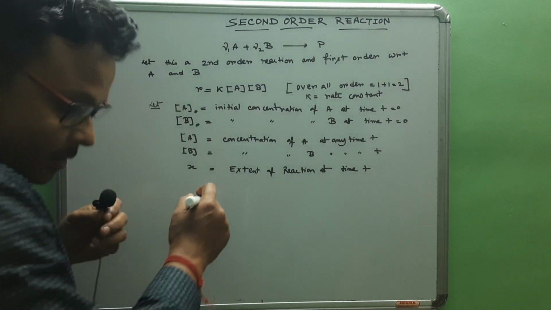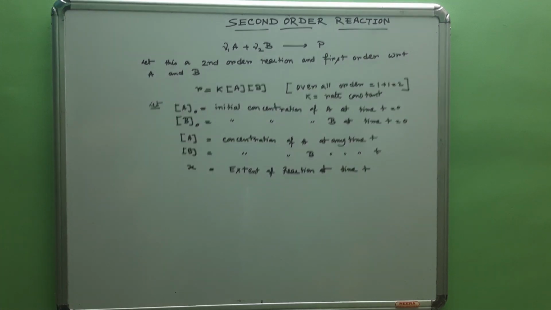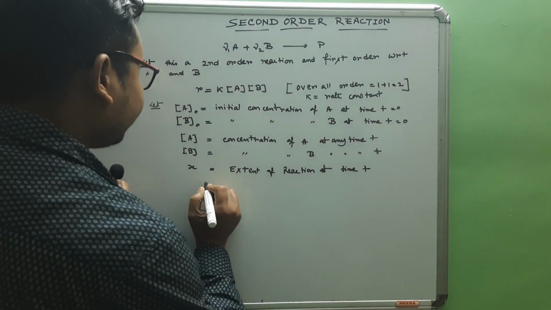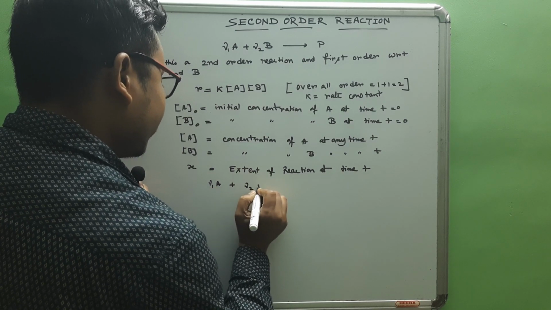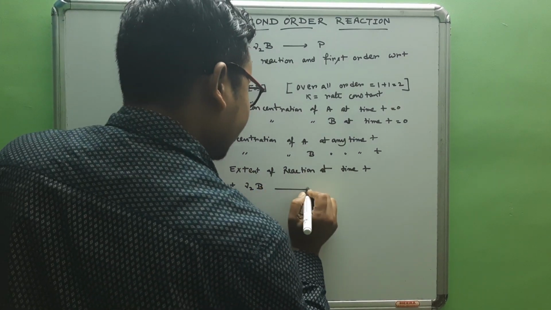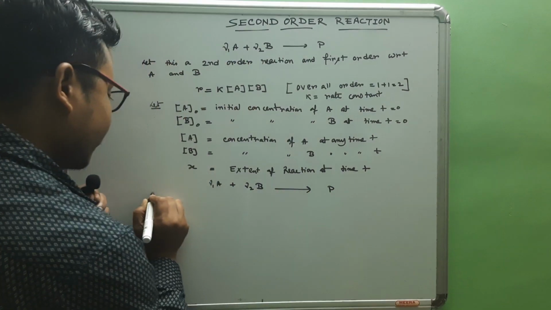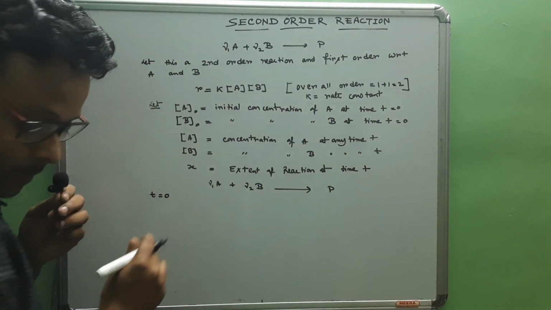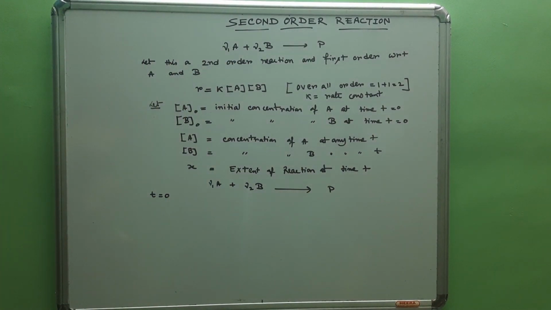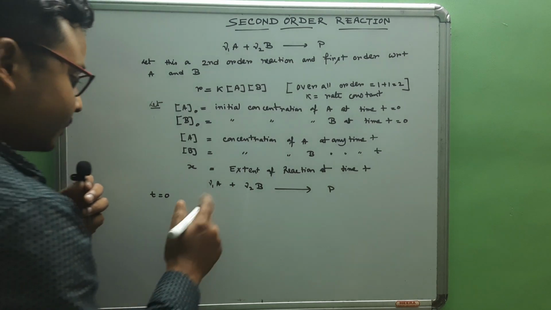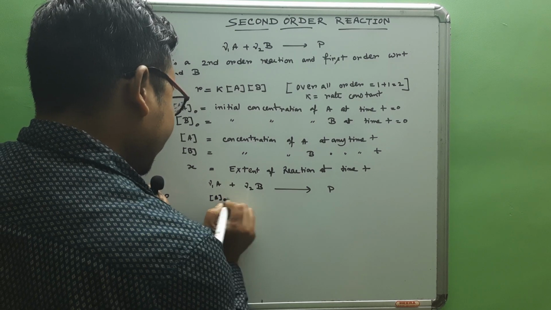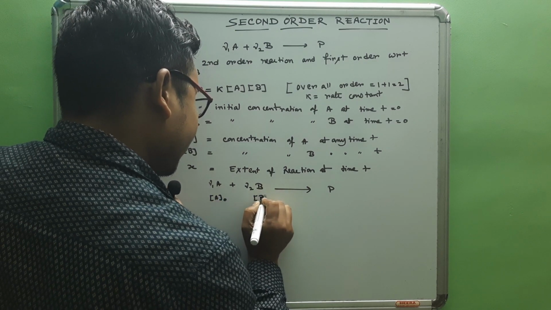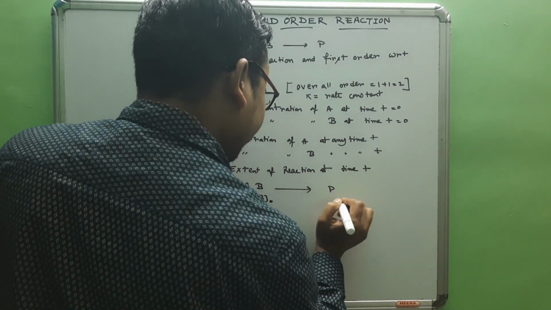So our reaction is nu1 A plus nu2 B to P. At time t equals 0, the concentration of A is A0, of B is B0, and of P is 0.